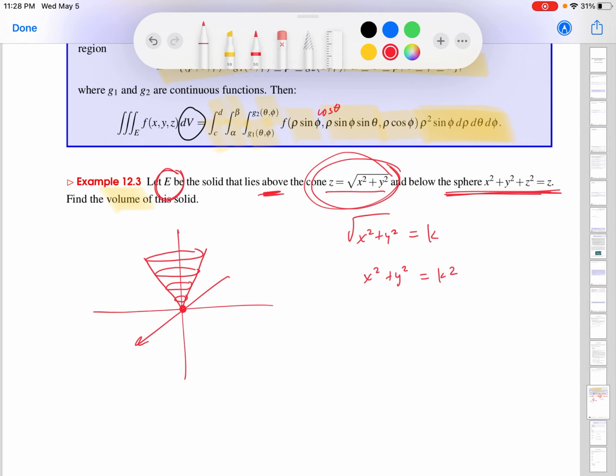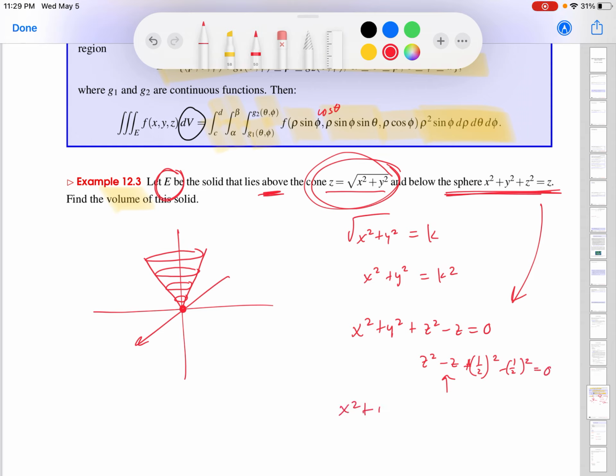Okay. So what is this sphere? Well, let's think a little bit about how to write this in the standard form. So what would I do? I would subtract z, z minus z equals 0. And then I'm going to just complete the square. So I would add half of this number squared and subtract that half squared also.